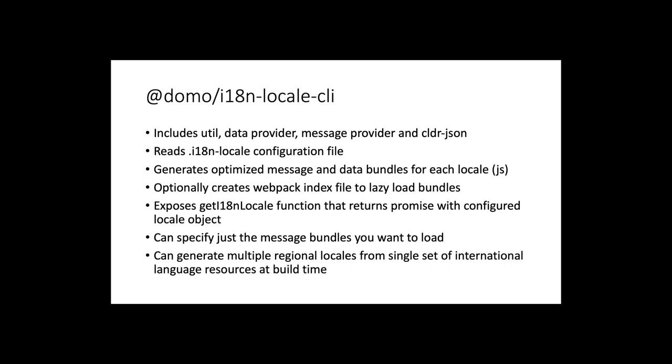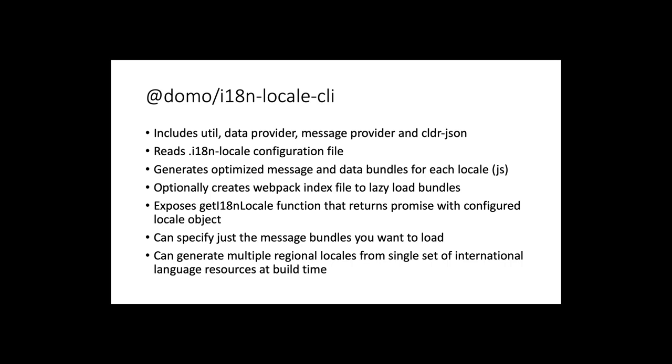The indexes in question are kept in index.js files at the root of the messages and data directories. They include a data structure with locale tags and bundle names that map to webpack dynamic import statements. The getI18nLocale function uses these indexes to lazy load the message and data bundles for a particular locale.